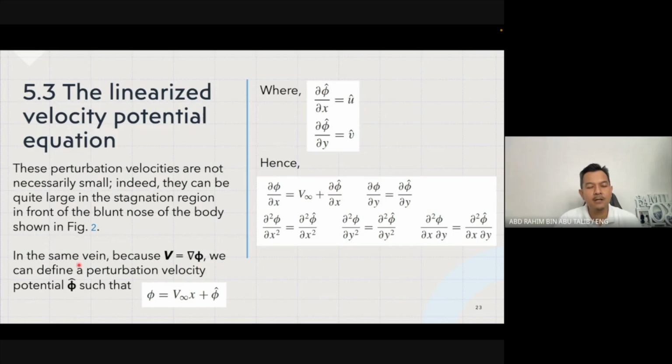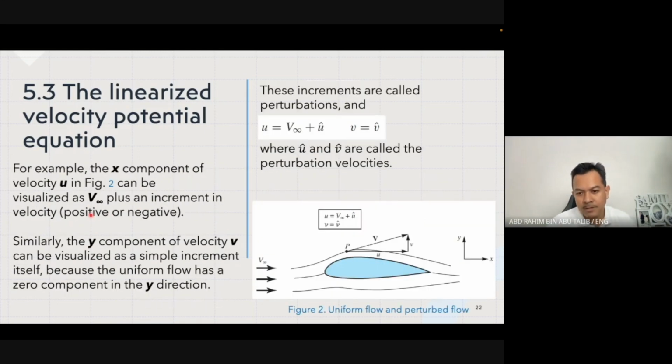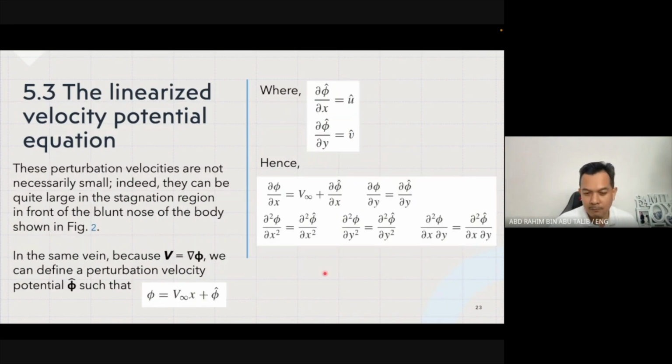These perturbation velocities are not necessarily small. Indeed, they can be quite large in the stagnation region in front of the blunt nose of the body. If we imagine right in front of the nose of the airfoil, the perturbation velocity may have different values.